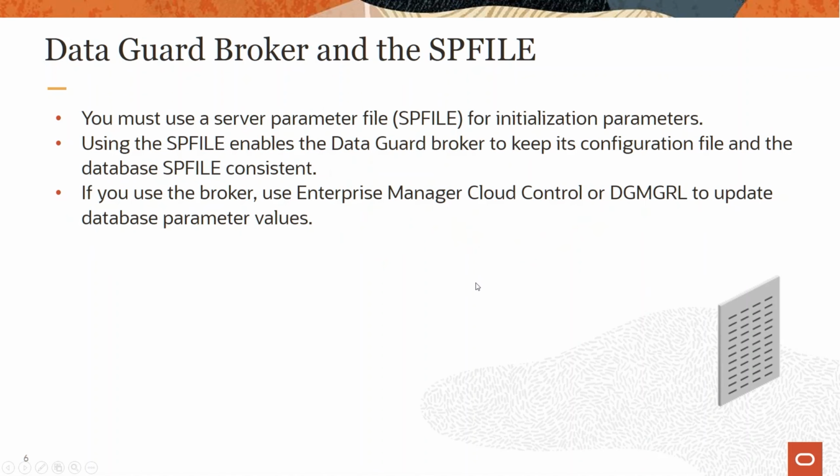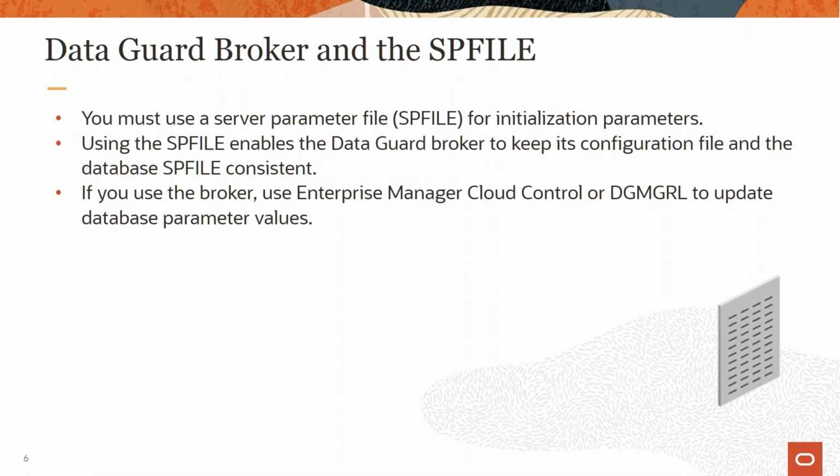The other one is you must use an SPFILE, because the daemon process also updates the SPFILE when you change it. Data Guard Broker controls the parameters, so in order to update SPFILE parameters dynamically, you will have to use an SPFILE.